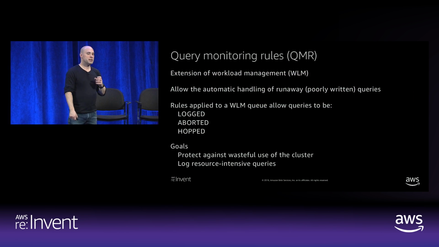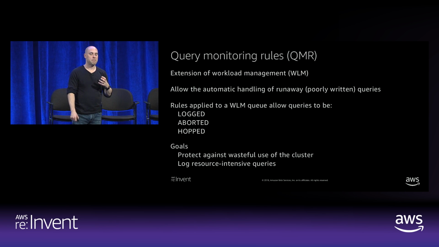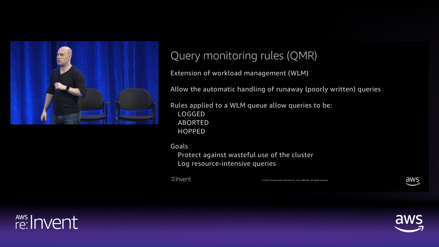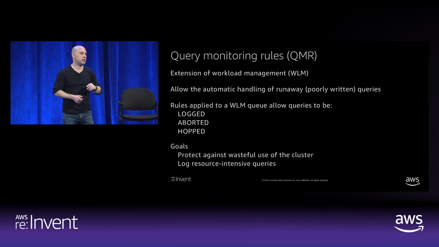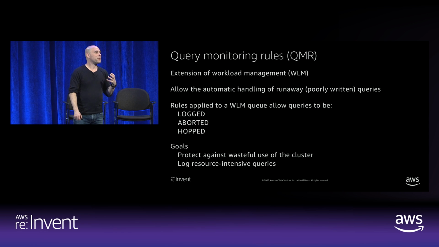This next piece here, QMR, it's really an extension to WLM. We built it primarily for those of you who have users that connect to your cluster that you wish didn't connect to your cluster. It really is meant for runaway queries.